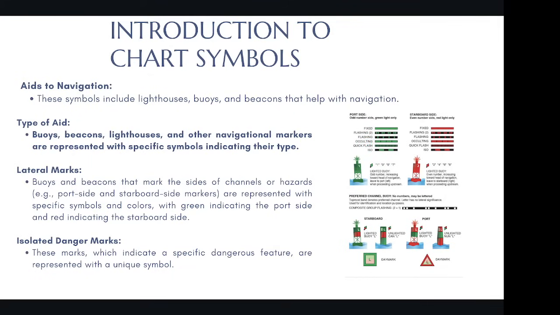So we also have here the lateral marks. These are buoys and beacons that mark the sides of a channel or hazards, for example, the port side or the starboard side.